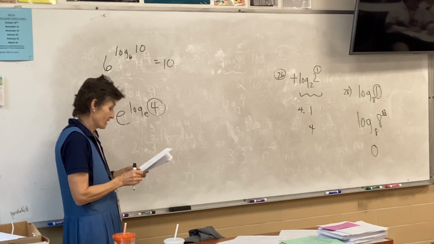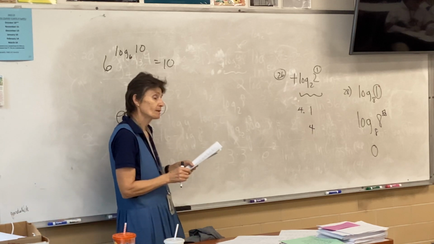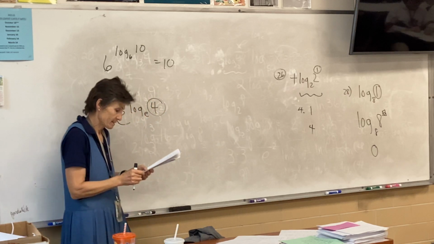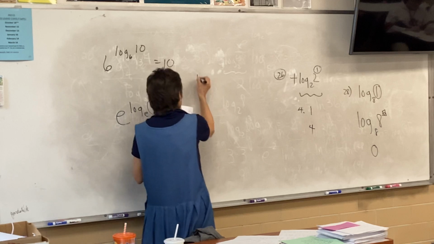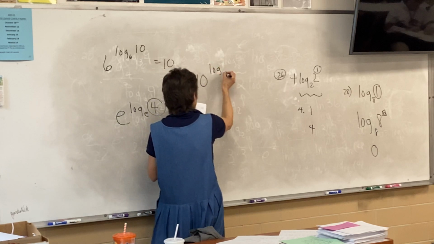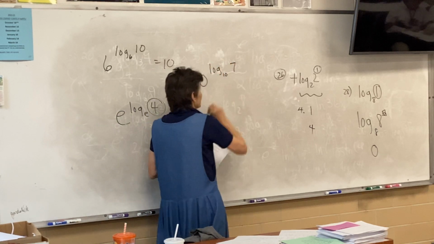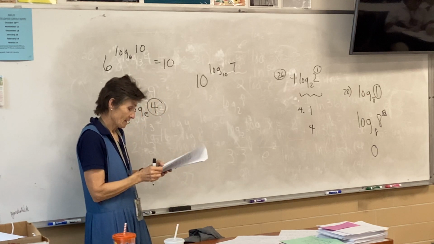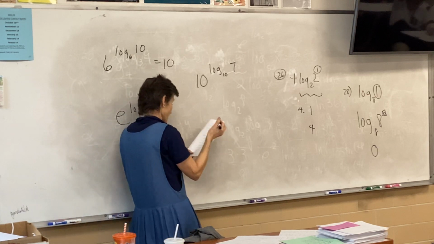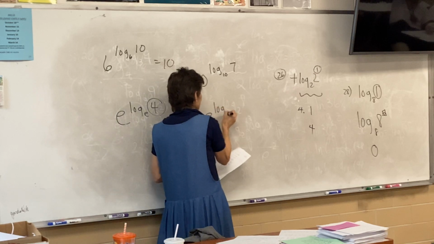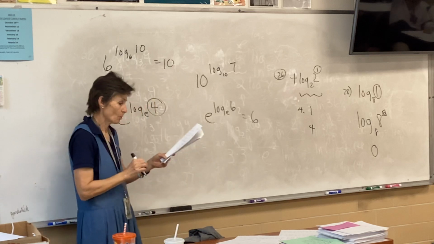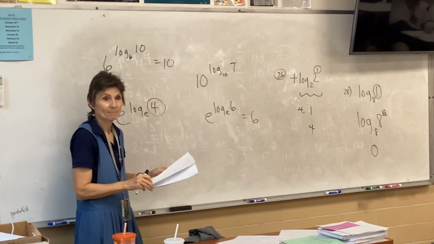How about 23? 11. 24, 7. 25. Remember, the base on log is 10. So that one's just gonna be 7. And 27 is 6, because ln is log base e.